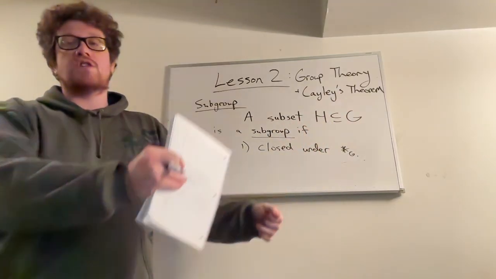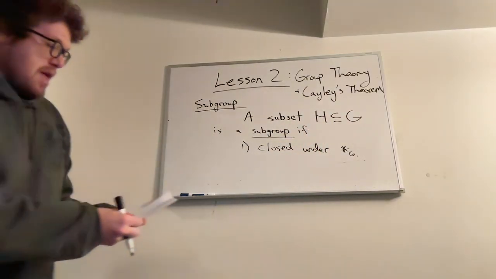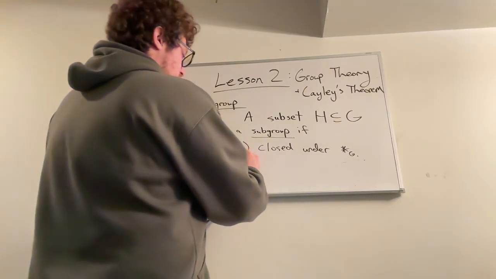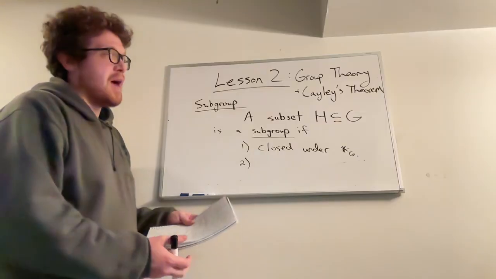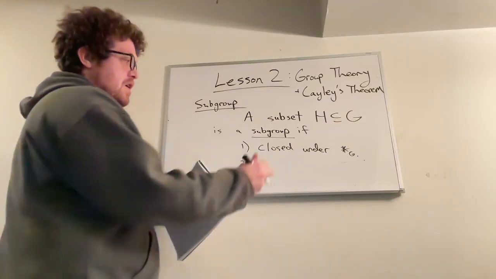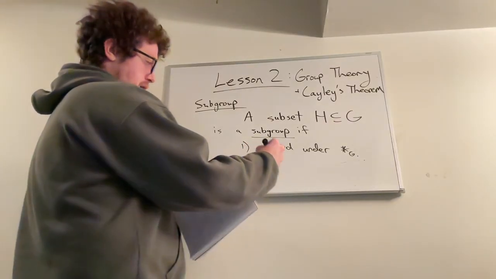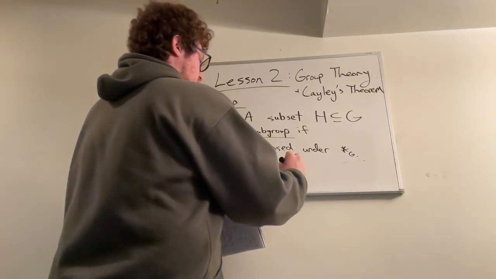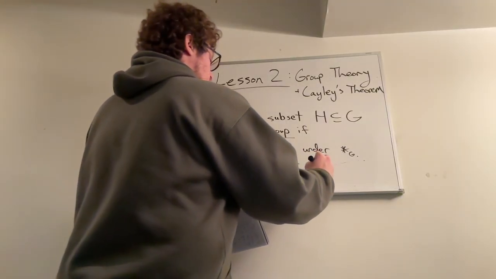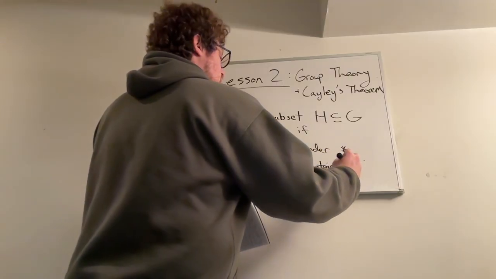It should be closed under the operation. Then the second property is that it has to contain the identity. So in particular, it can't be empty. There's no empty groups. So H must contain the identity of G.